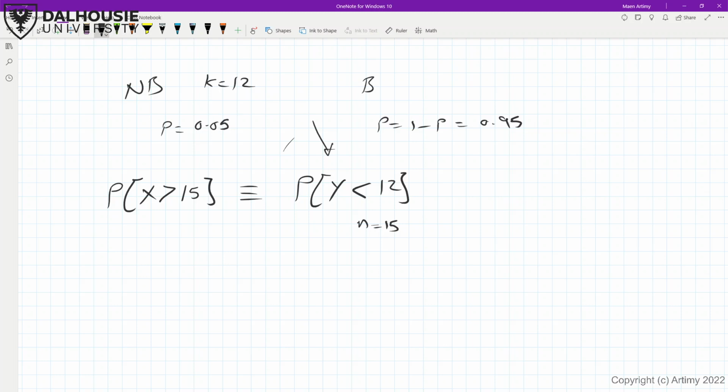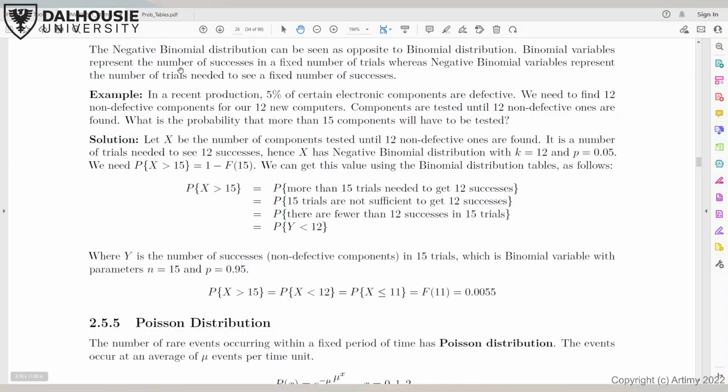Here in the negative binomial, the probability of having a defective component is 0.05, right? And we're looking for how many trials before we get the 12. If we flip it, our probability of success will be 1 minus the original p, right?